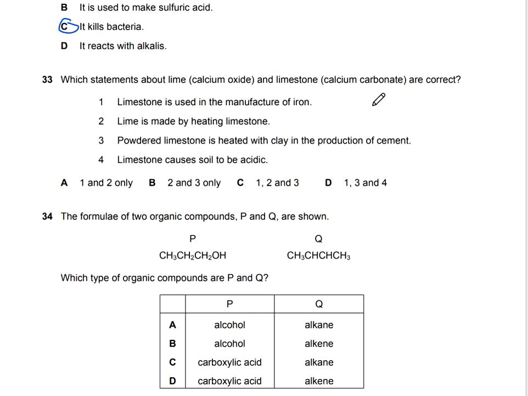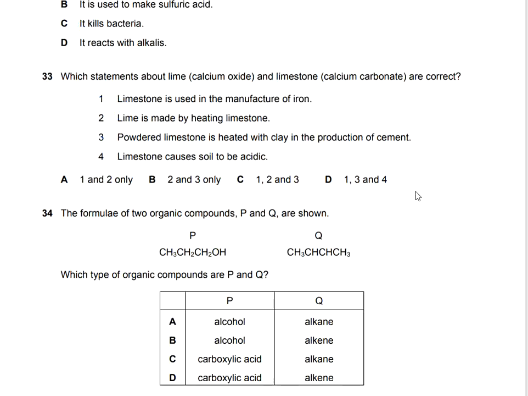Which statements about lime or calcium oxide and limestone calcium carbonate are correct? Actually, limestone is used in the manufacture of iron, yes. Lime is made by heating limestone, yes. Powdered limestone is heated with clay in the production of cement, no. And limestone causes soil to be acidic. Which statement about lime or calcium oxide and limestone calcium carbonate are correct?